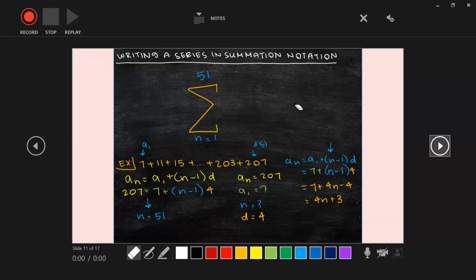Because it uses an n, that is what I can put in here. So 4n plus 3. You see how we found that? No.